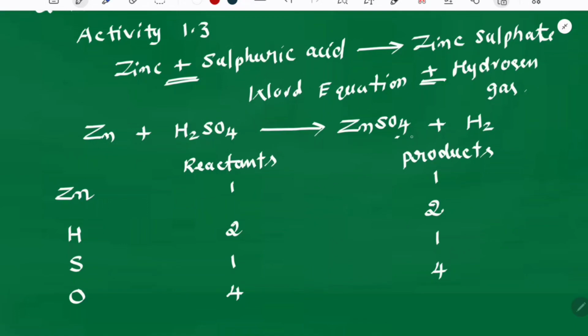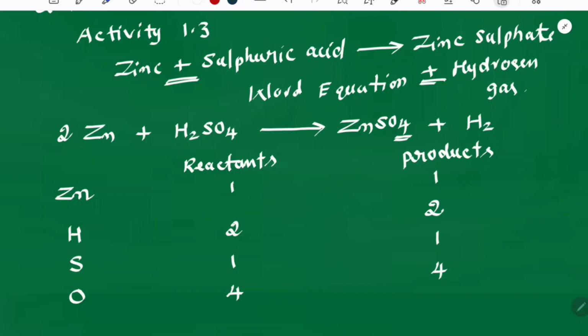So you can remember, the subscript number indicates the number of atoms. The coefficient number means the number we write before the formula. For example, if I keep 2Zn, 2Zn means 2 zinc atoms are there.